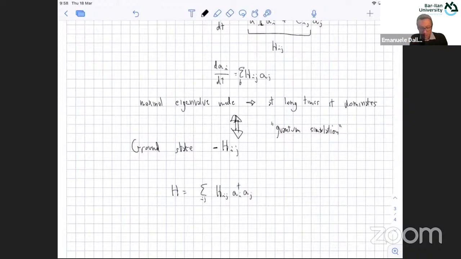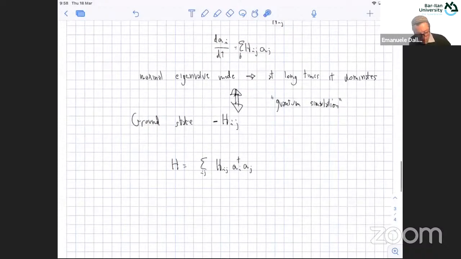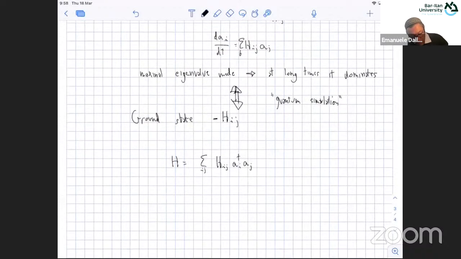In the second quantization language, that's how it looks. So this is the Hamiltonian, and the Schrödinger equation, as we mentioned, is the same as this equation, but with an i. Let's move on. Let me put a title here. My title is going to be the XY model.